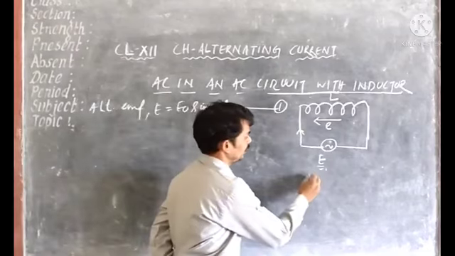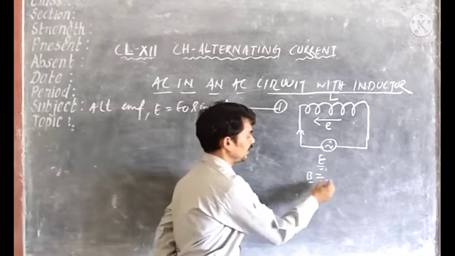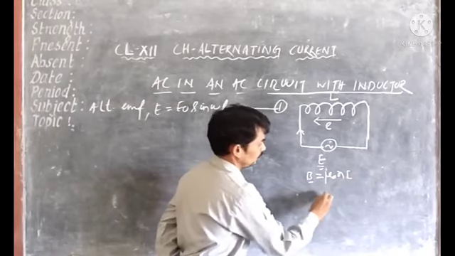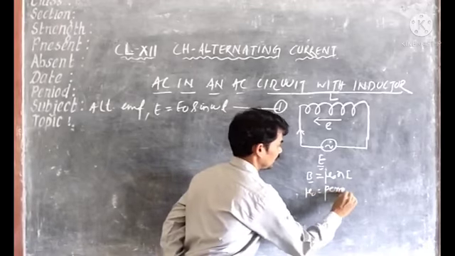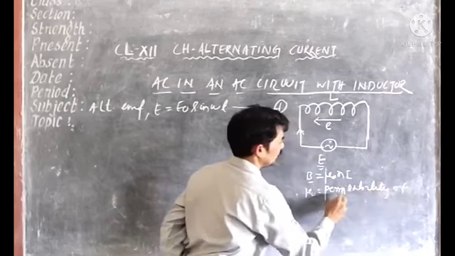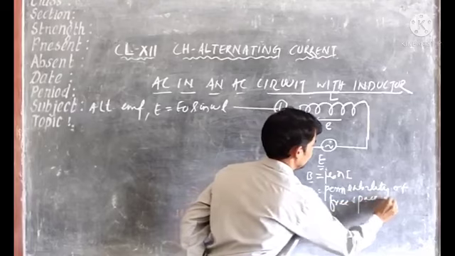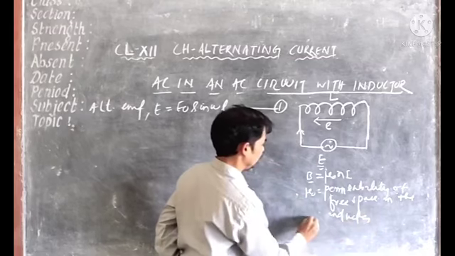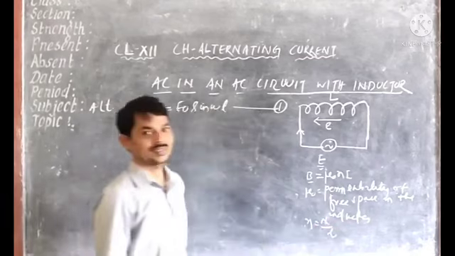Because we know that when current passes through an inductor, the magnetic field B can be given as mu naught n I, where mu naught is the permeability of free space, and n is the number of turns per unit length in the inductor.